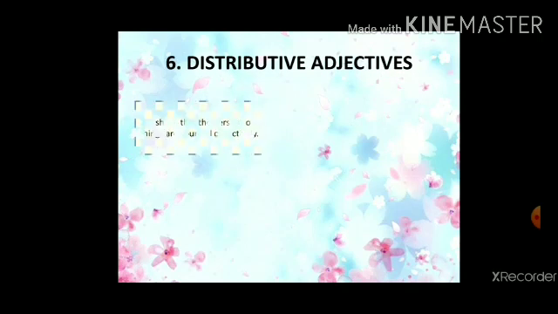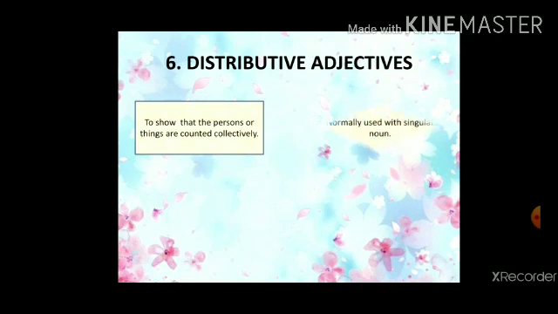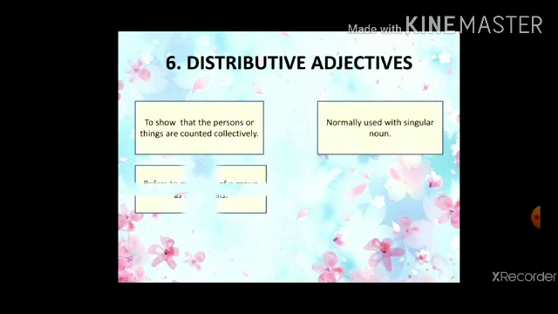Distributive adjectives. As we have seen earlier also, distributive adjectives are used to show that the persons or things are counted individually, normally used with a singular noun. The first point regarding this adjective is that they are used with a singular noun. For example, each one of you will get a toffee.